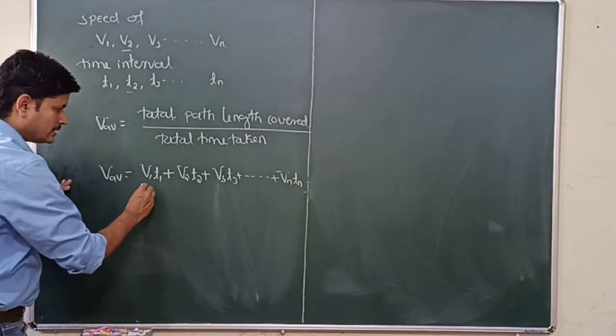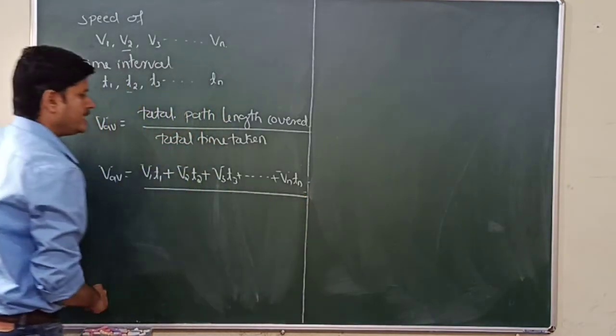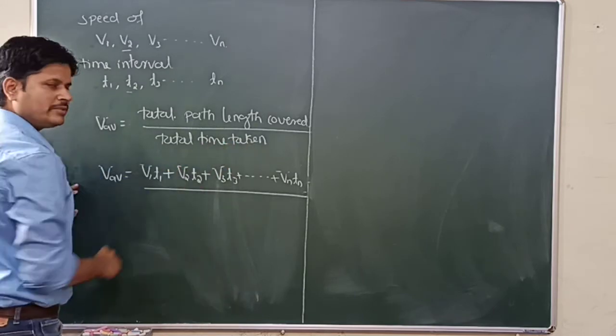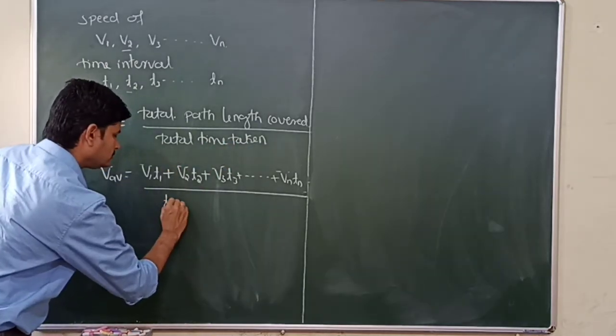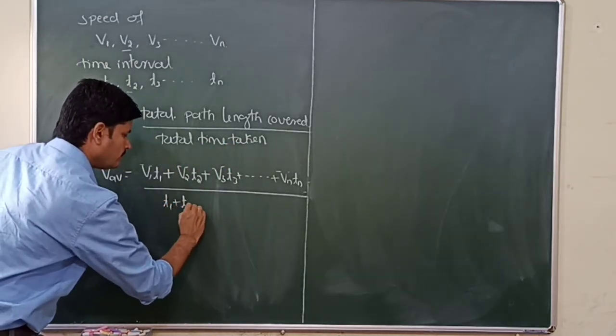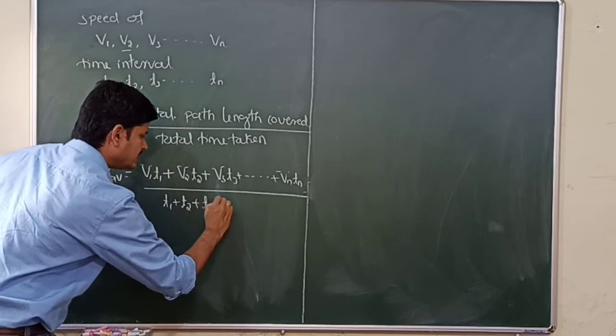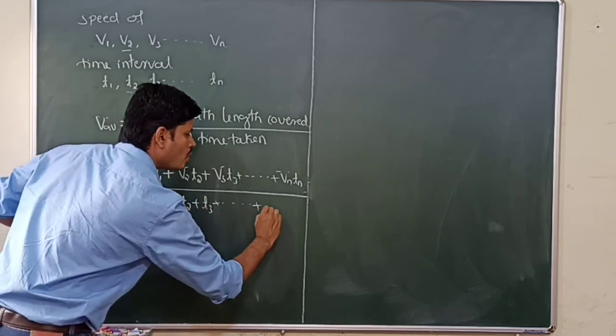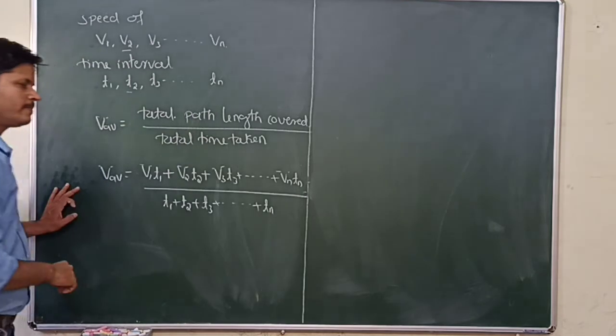This is divided by the total time taken, t1 plus t2 plus t3 plus so on plus tn.